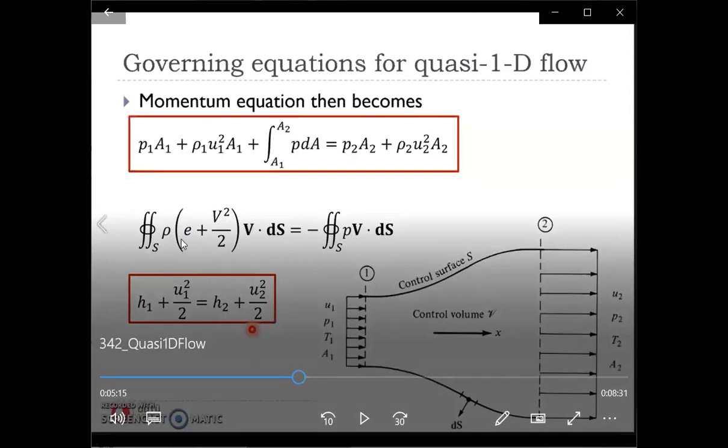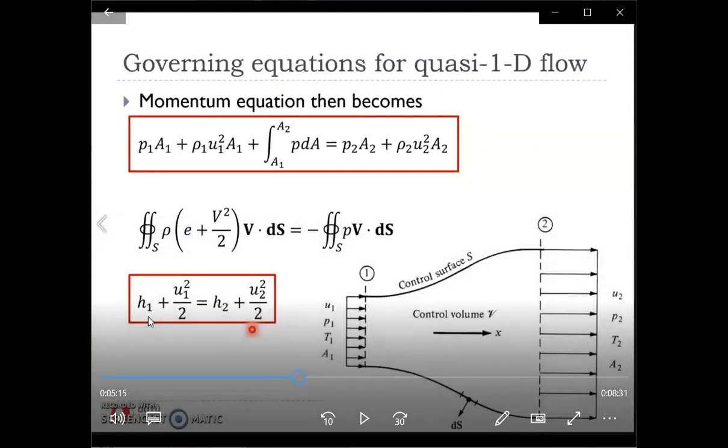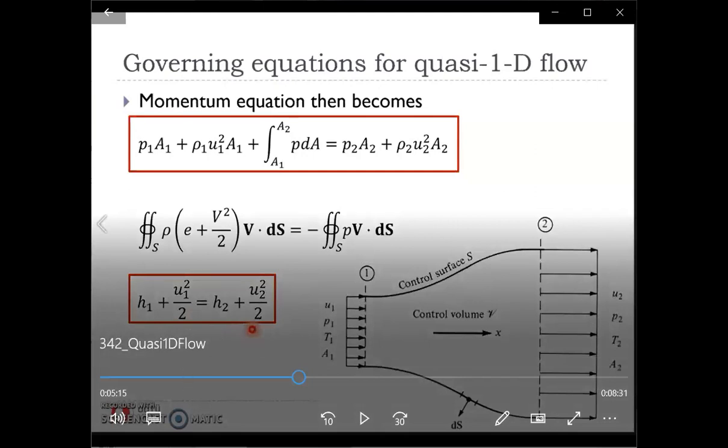So this E on the left-hand side of the equation, when combined with the pressure work, becomes the H in this bottom equation, the enthalpy. So the final energy conservation equation, as a summary, is that stagnation enthalpy does not change, as indicated in the video, if there's no heat transfer or work done on the fluid. So this is the conservation of energy equation.